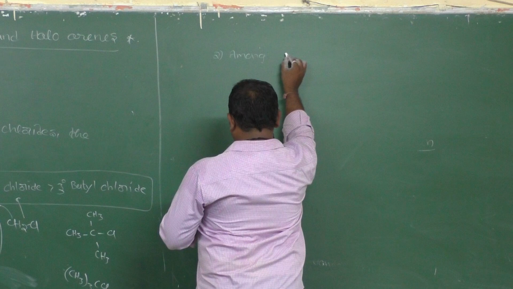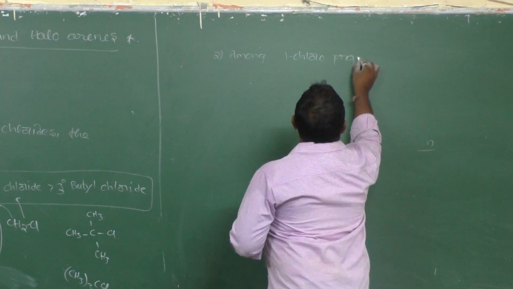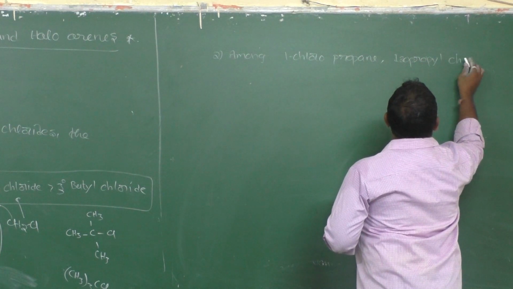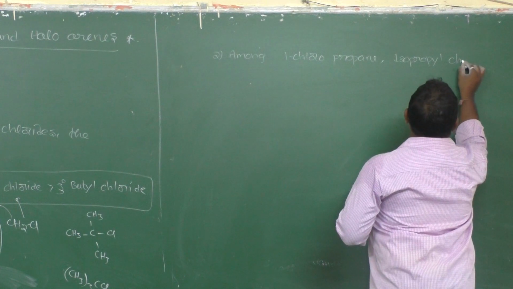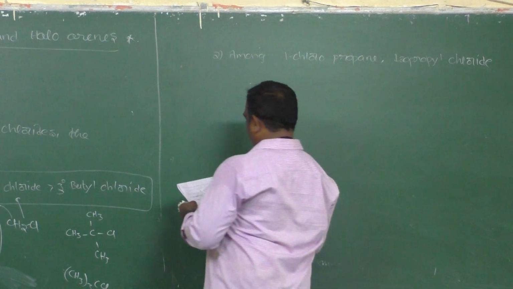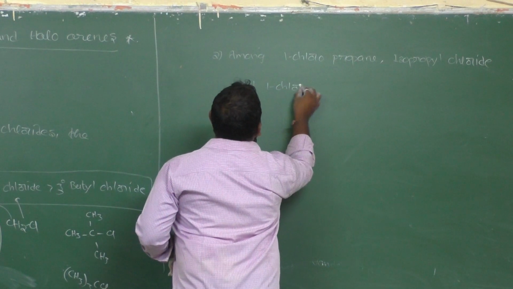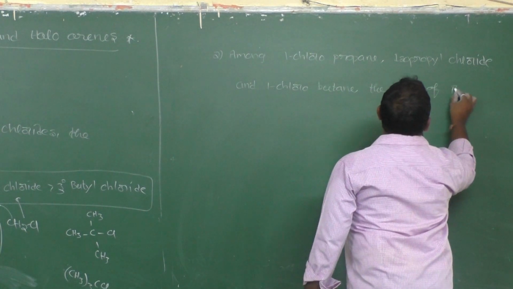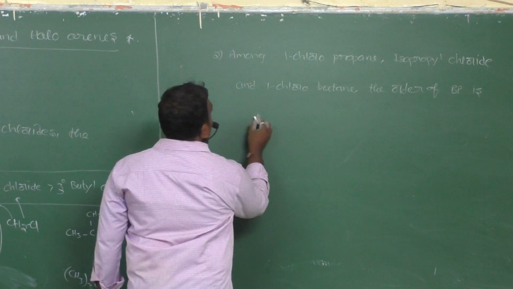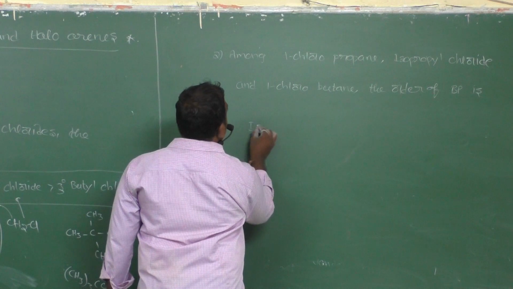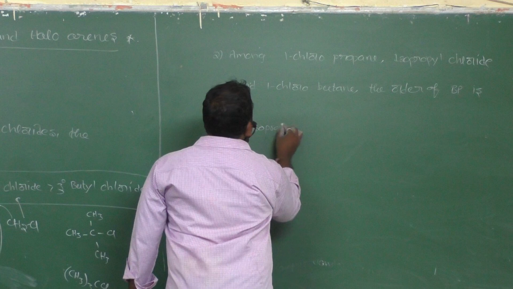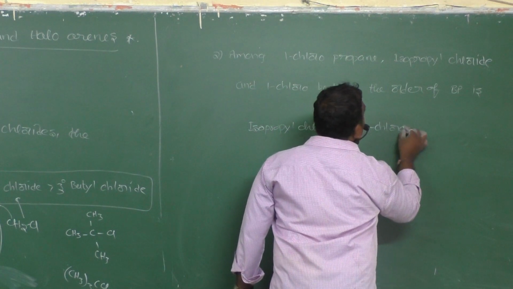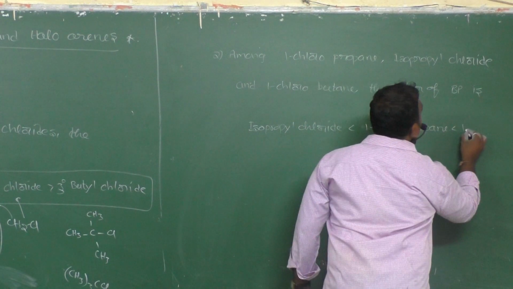Among 1-chloropropane, isopropyl chloride and 1-chlorobutane, the order of boiling point is isopropyl chloride less than 1-chloropropane less than 1-chlorobutane.